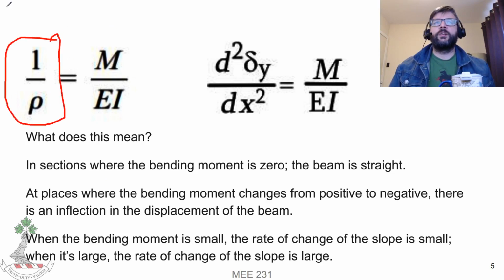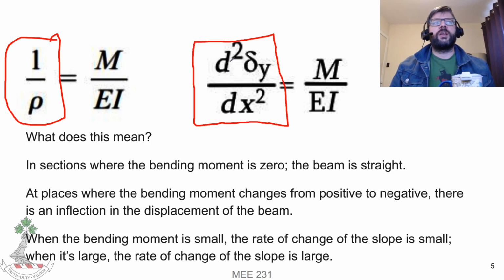instantaneously at any particular point we can consider what the radius of curvature would be at that little point. And that leads us to being able to determine that the double derivative of the displacement over x is going to be equal to that amount.